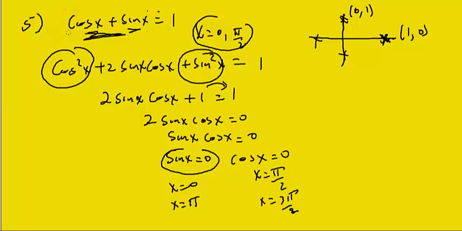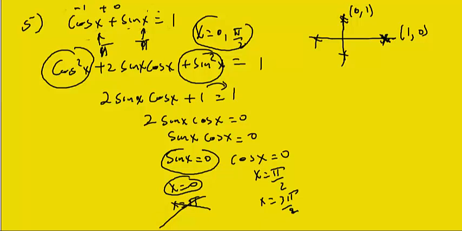Okay? So you're going to put in 0 first. When I put in 0, I'm going to get 1 plus 0, which works. But when I put in pi, this becomes negative 1 plus 0, so pi does not work.